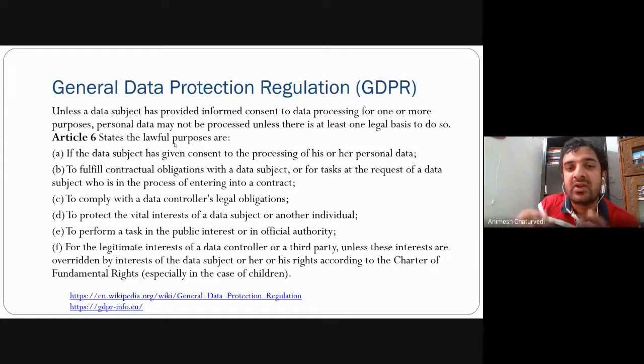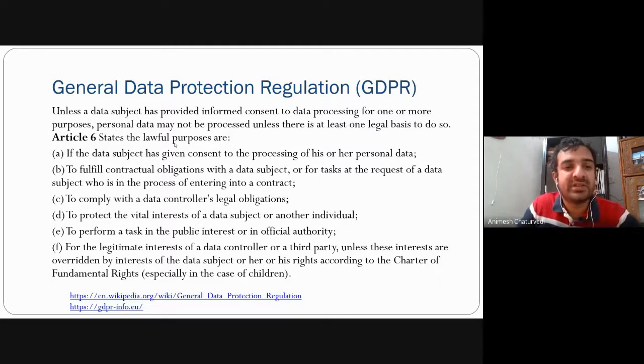That organization needs to process the data of this citizen. Because of this contract, and because this user is inside that organization's domain, the data of that user can be processed.